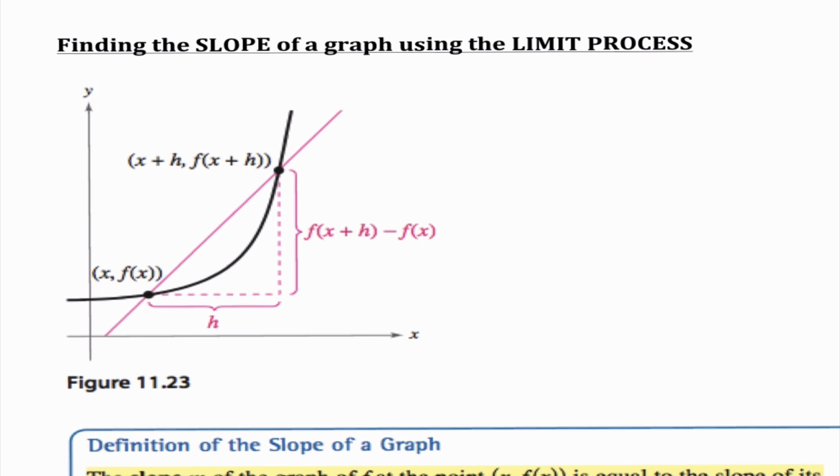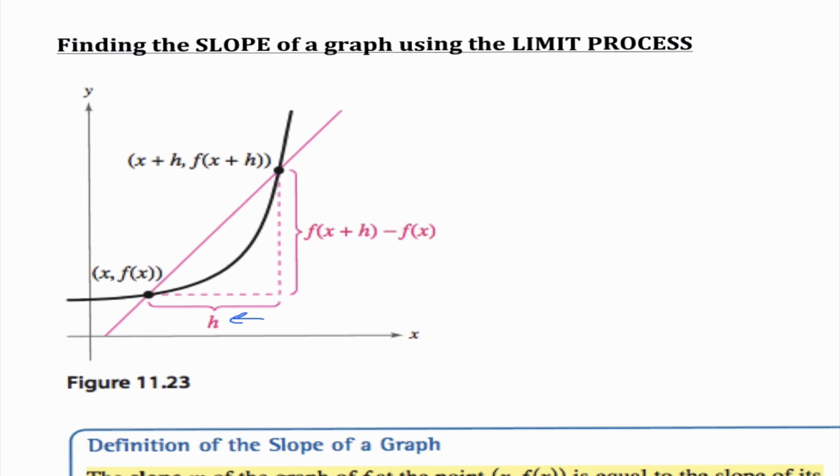Now, all this is saying is that I'm moving over a certain amount, so we're calling that x plus h. Our y value then is whatever the value of the function is at x plus h, so I'm substituting that in. And so what we end up getting here, this distance is h, because x plus h minus x gives us h.